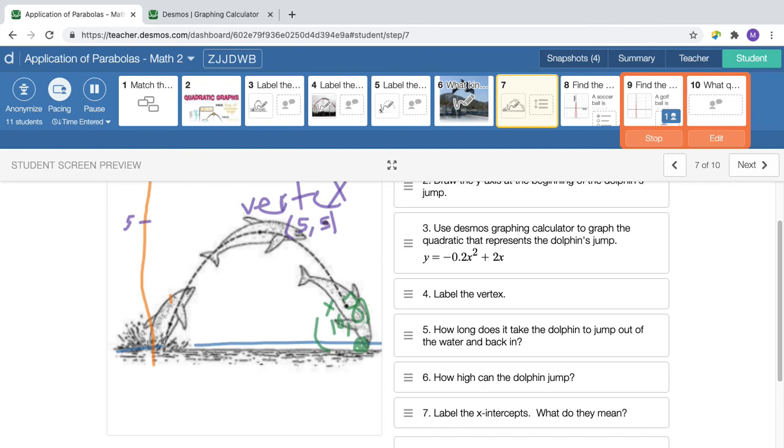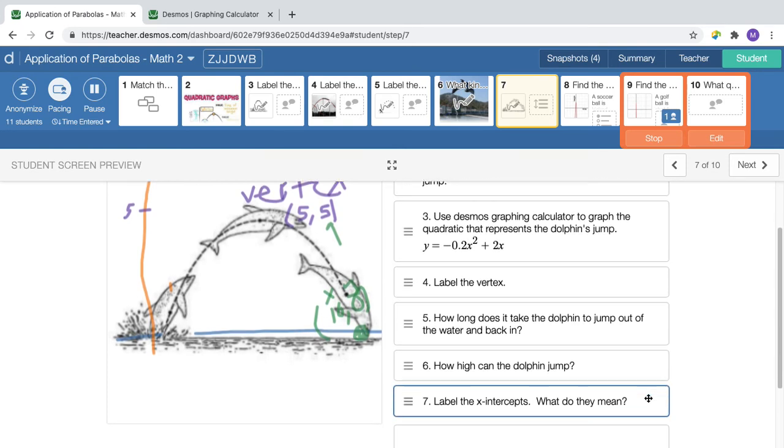So he can jump 5 feet, or maybe that's meters. Maybe that's any unit. We don't really know the unit right now. They didn't assign that, but we know it's 5. And I'm using this 5 only for that, not this 5. This 5 represents how long it takes, because height is the Y value.